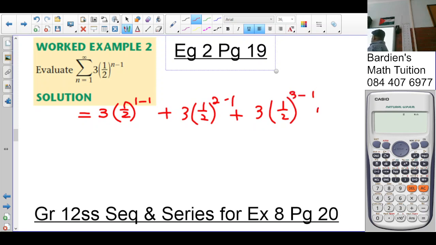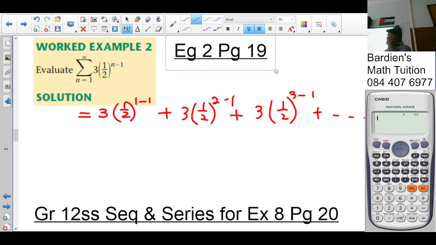If I had gone to the next one, what would it have been? 3 times a half to the exponent 4 minus 1. What would the next one then be? 3 times a half, 5 minus 1, and so on and so on.